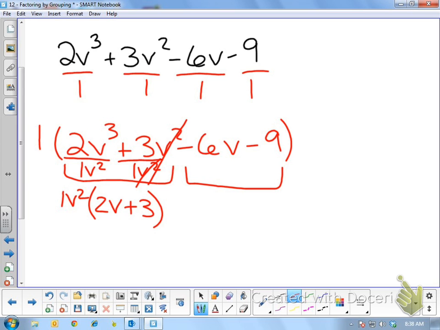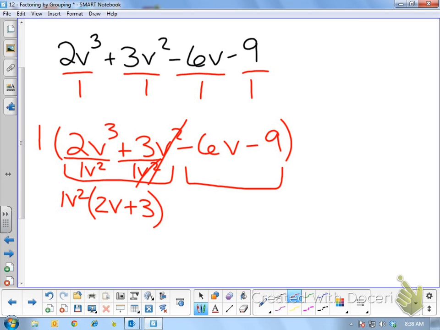Okay. Now, we know that the next one should end up matching. So when we find our greatest common factor, we'll know if we're doing this correctly if our parentheses end up matching. So what divides into both 6 and 9? 3. Should I make it positive or negative? Negative. Why negative? Because they're both negative numbers. Close.